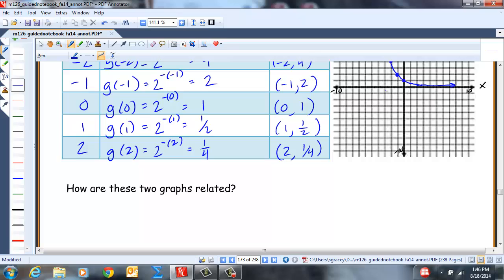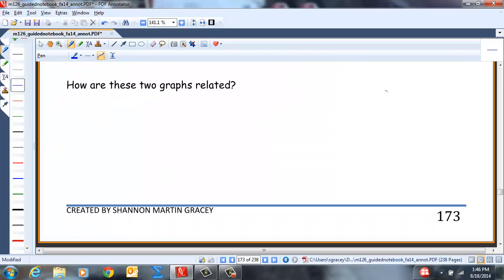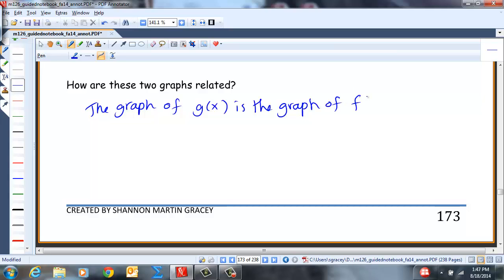Perfect. All right, how are these two graphs related? Well, we just said so. The graph of g of x is the graph of f of x reflected about the y-axis.